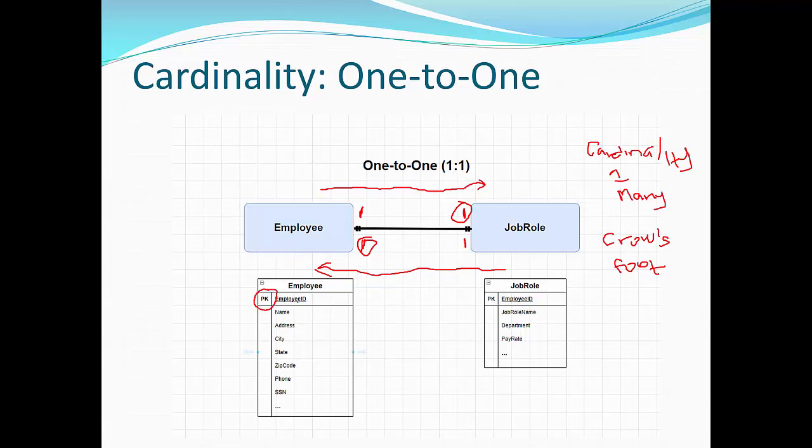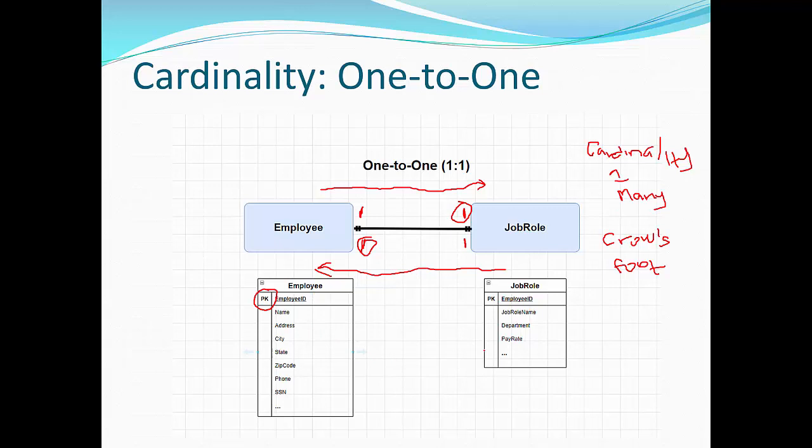Both entities have the employee ID primary key. So the employee table and the job role table, or the job role entity, they both have the employee ID, which, like we said yesterday, means that we could actually represent this relationship in just one entity.